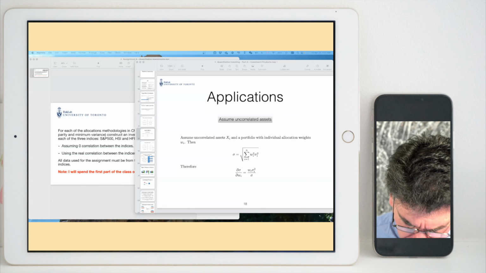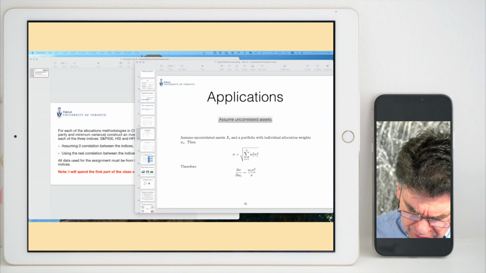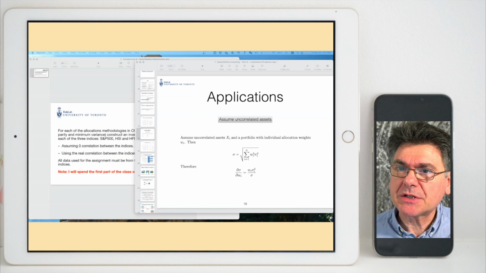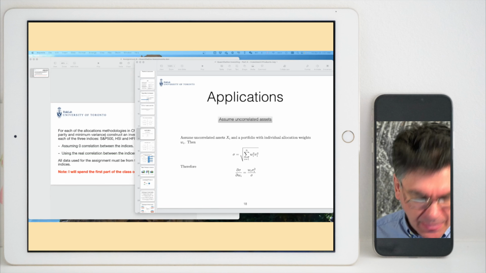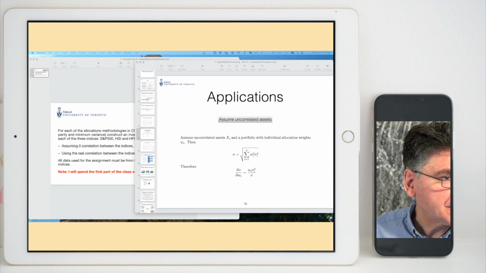So when we go back to the construction of a risk parity portfolio, note that we're doing the same thing as the Newton method. Now what we have is we need to find these equations that we need to solve.